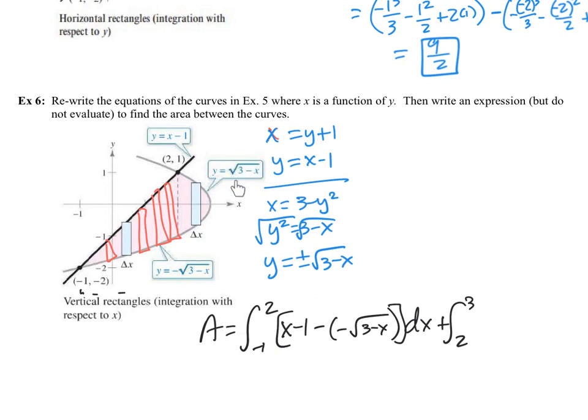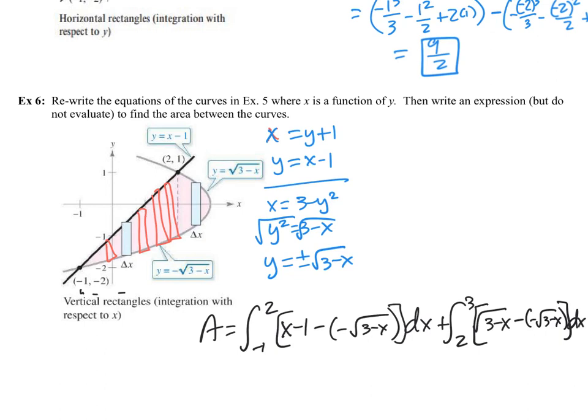So that would be the square root of 3 minus x, and then minus the bottom part, which is this part. So that is negative square root of 3 minus x. So we're subtracting a negative square root of 3 minus x. Okay, close parentheses. Let's put brackets around all that, and then don't forget your dx.